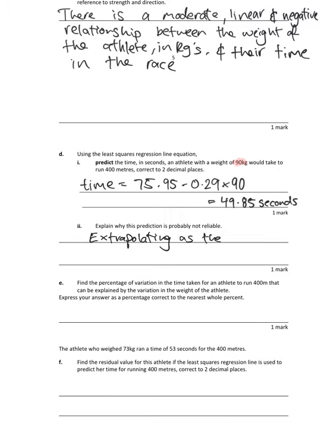And because it says explain, don't just write extrapolating. Write that 90 kilograms is beyond the range of weights used. You could write that a number of ways.